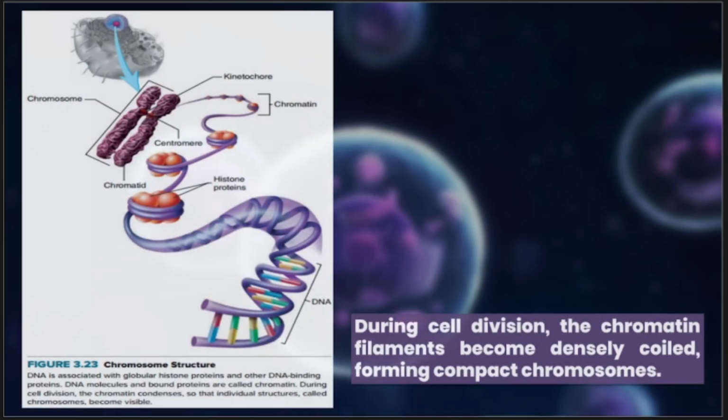And during cell division, the thin chromatin filaments condense and coil tightly to form compact structures which are known as your chromosomes. And this dense coiling ensures that your genetic material is efficiently organized and there is accuracy in the distribution to the daughter cells.